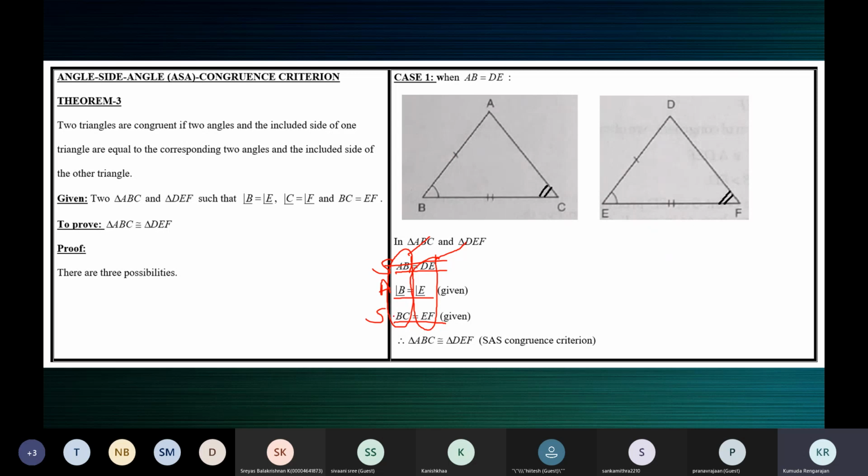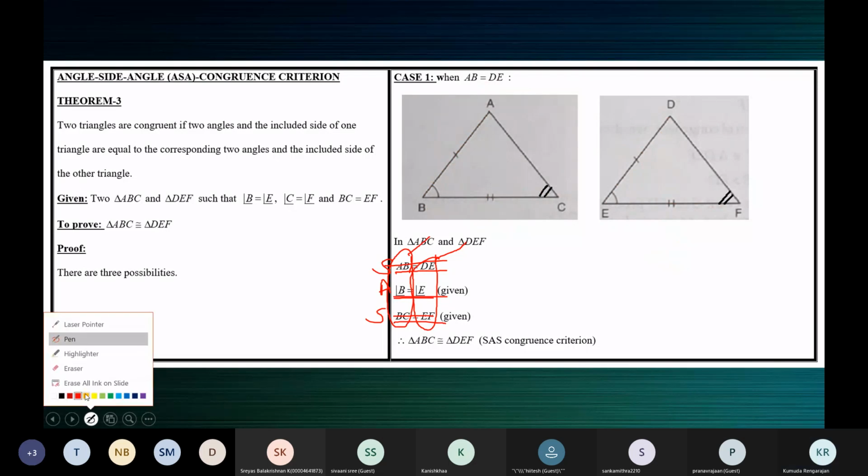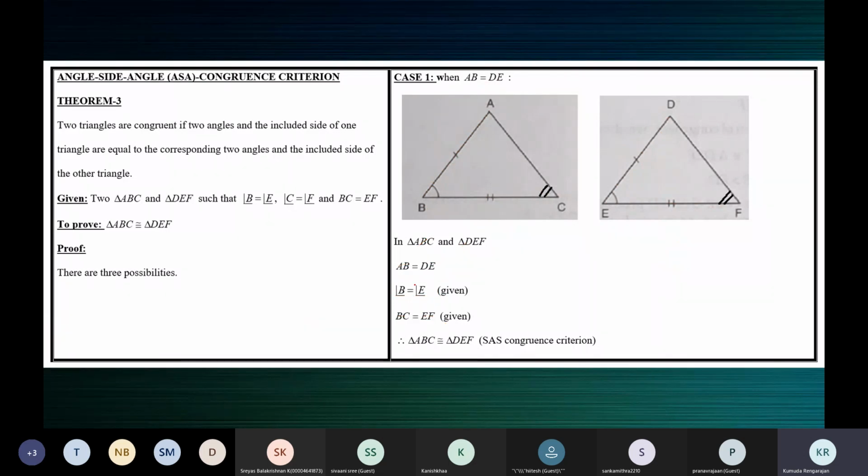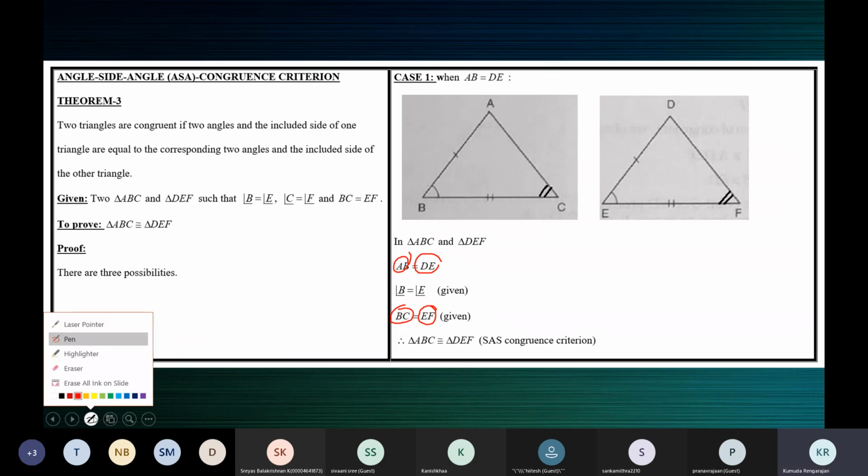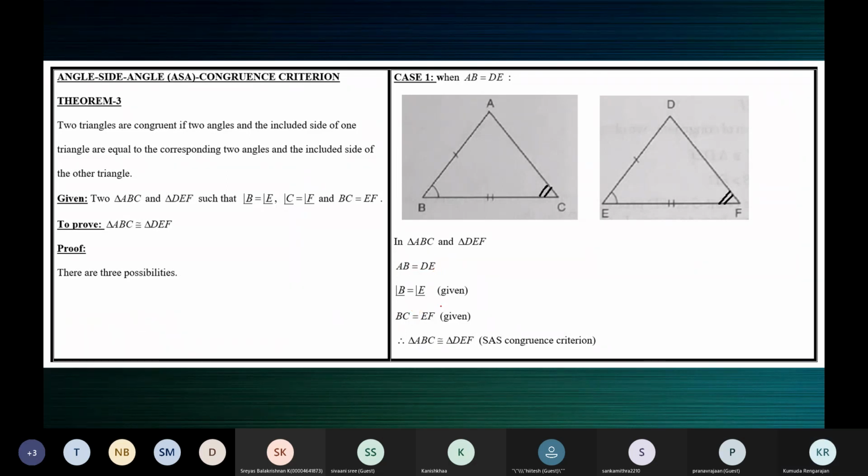Two pairs of equal sides and one pair of equal included angles. How do we know that they are included angles? See here, which are the arms of angle B? AB and BC are the arms of angle B, that's why angle B is the included angle.